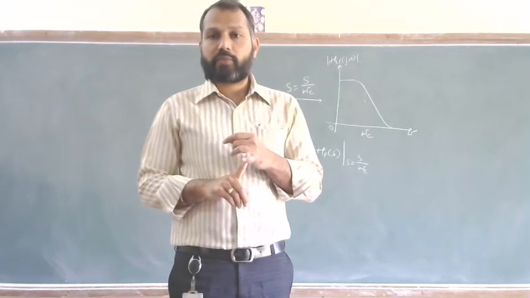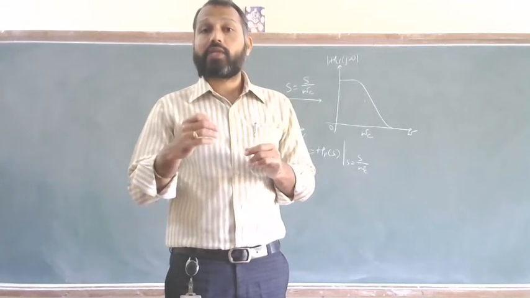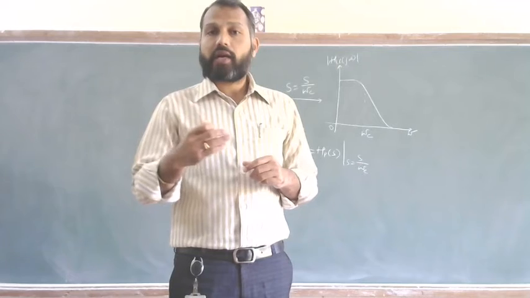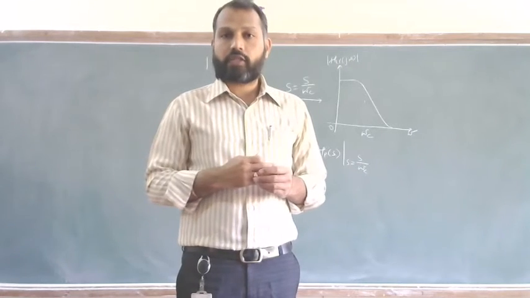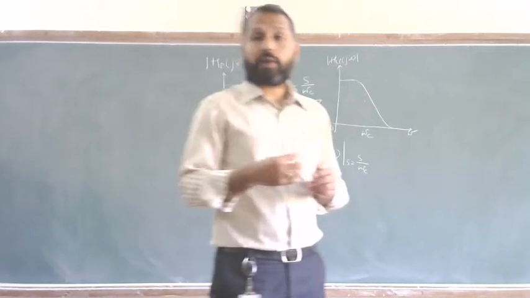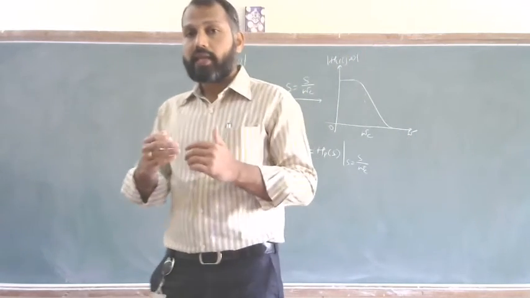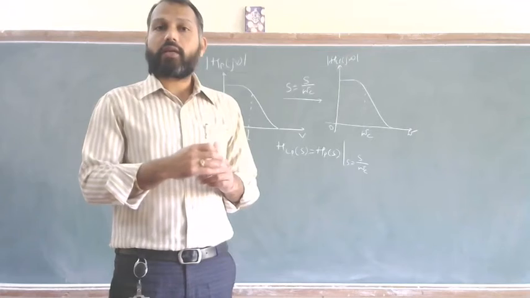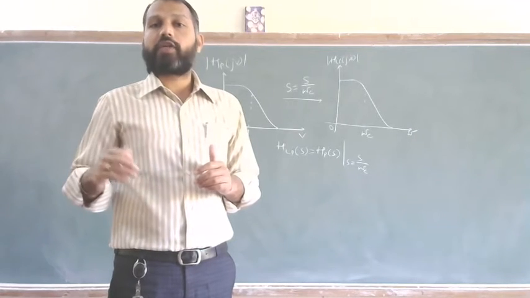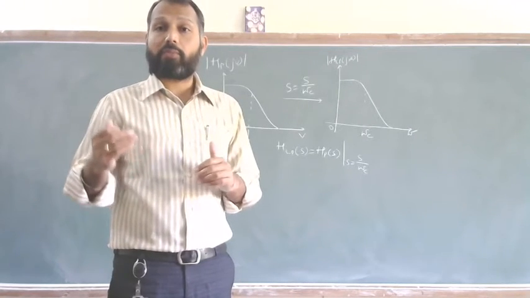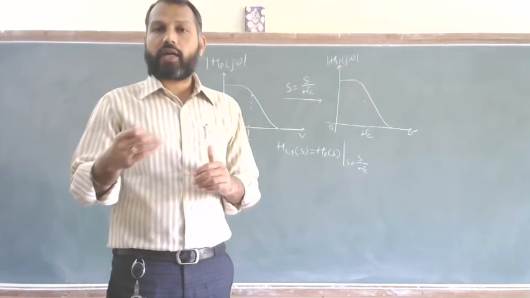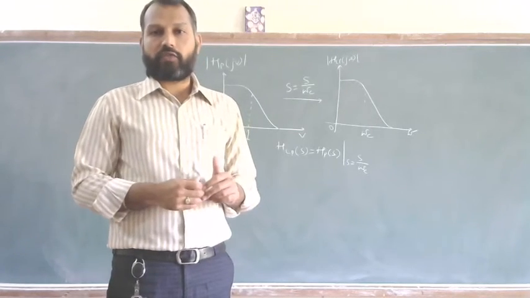First, digital filter specifications will be given. By using frequency warping, we'll convert them into analog filter specifications. Then by using prototype transformation, we'll design an analog filter for the converted analog filter specifications. And later, by using bilinear transformation, we'll convert that analog filter into a digital filter.